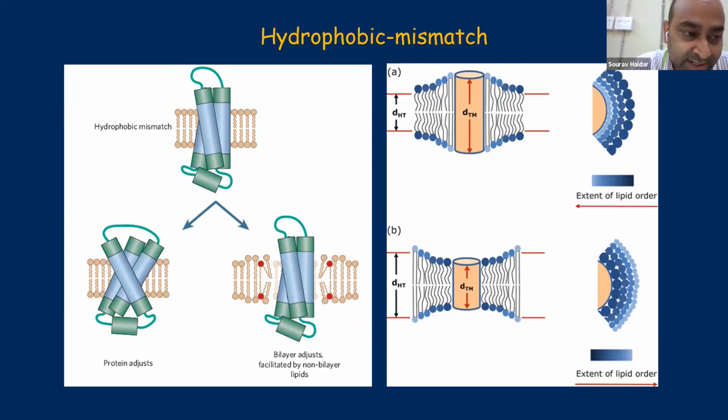So if there is any pathological situation which is interfering with the sorting, so that a protein which is supposed to be in the ER is now found in the plasma membrane, it will experience hydrophobic mismatch. So some of the altered physiology will be due to the hydrophobic mismatch of the ER protein in the plasma membrane. Some of the Golgi proteins may also experience a similar situation.